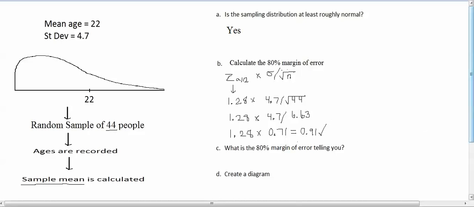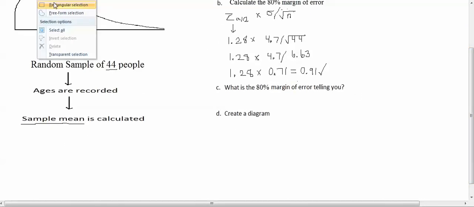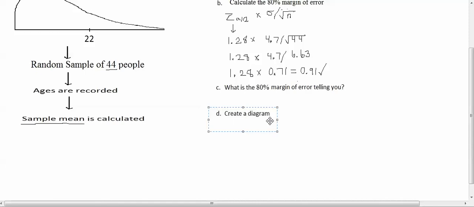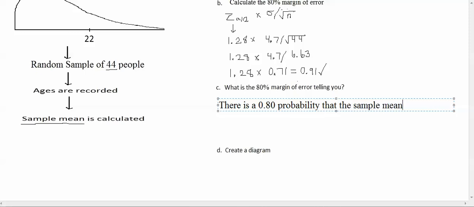The next part of the problem says, what is the 80% margin of error telling you? It's telling us that there is an 80% chance or a 0.80 probability that the sample mean will fall within 0.91 of the population mean.